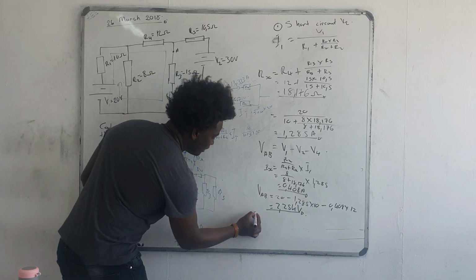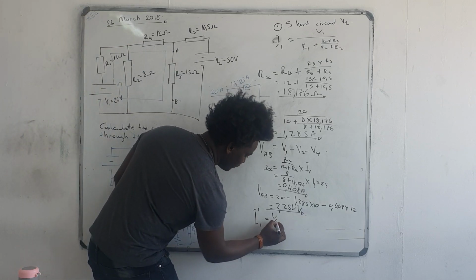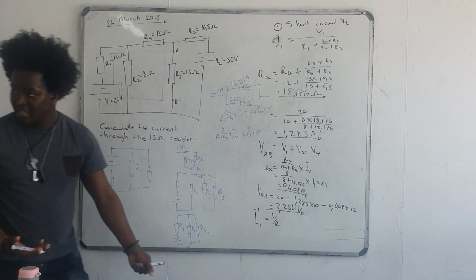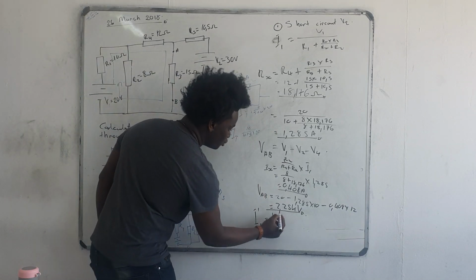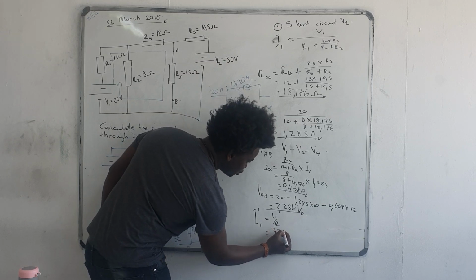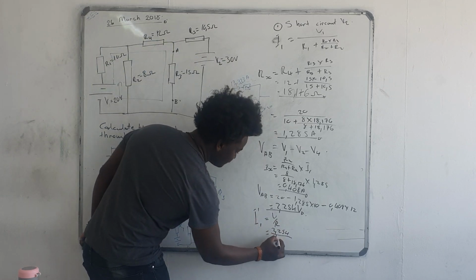So in order to get the current flowing through here, we're just going to say the current is equal to voltage divided by resistance. That's Ohm's law. So it's 2.254 divided by the resistance there, which is 15.